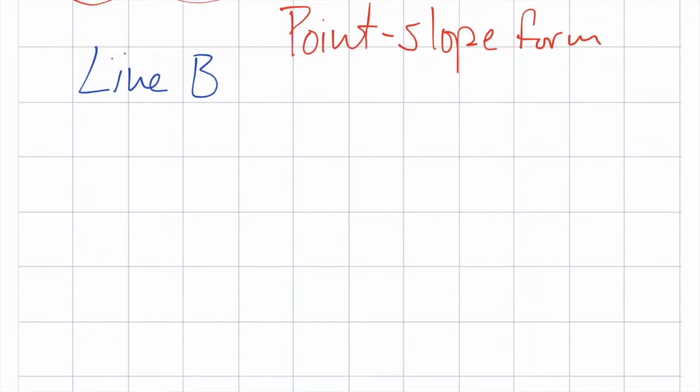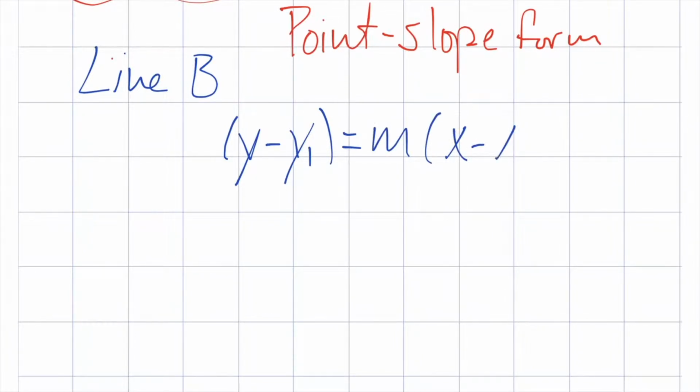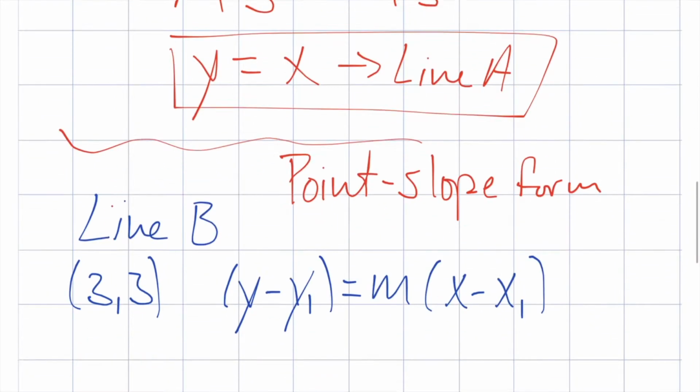So again, I'll just write out the formula. y minus y1 equals m, parentheses, x minus x1. Now in this case, we said we're going to use the point 3, 3, just like in the previous example.